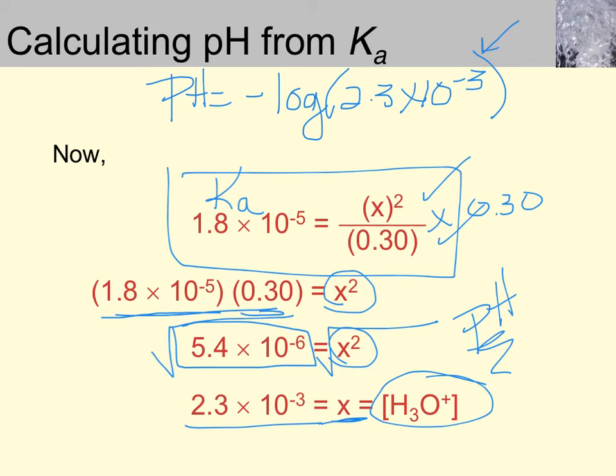I know from this exponent that the pH is going to be somewhere around 2 to 3. So I'll go ahead and plug that in. And it turns out that pH equals 2.64. That is our final answer.